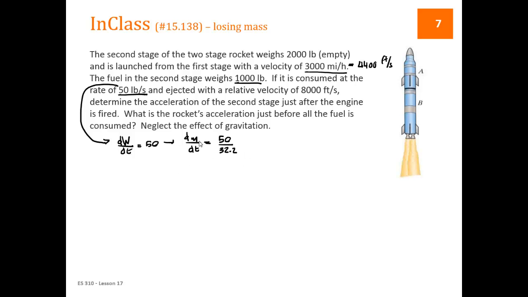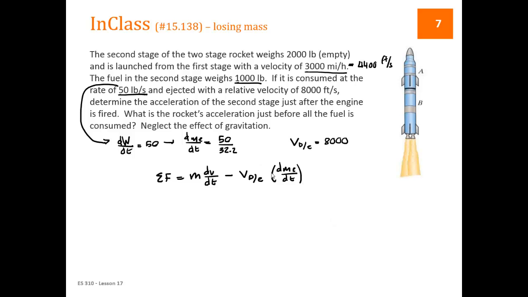This is the mass rate of the ejected fuel, and the relative velocity, v_de, is equal to 8,000. If we remember back to our equation, the sum of the forces is equal to the mass times the acceleration minus the relative speed times the time rate of change of the ejected mass.